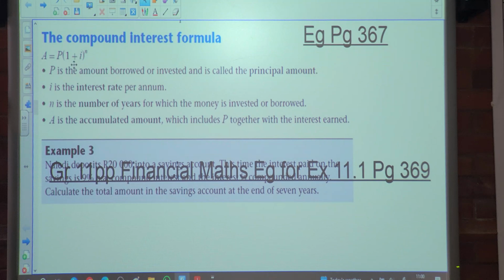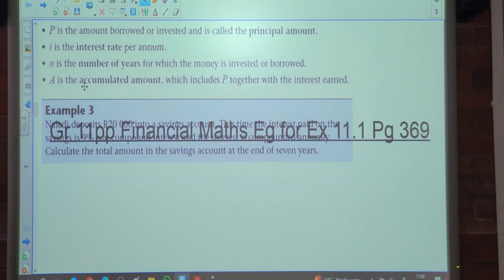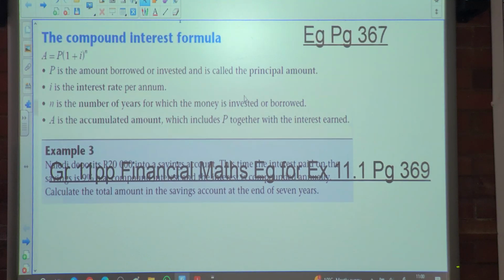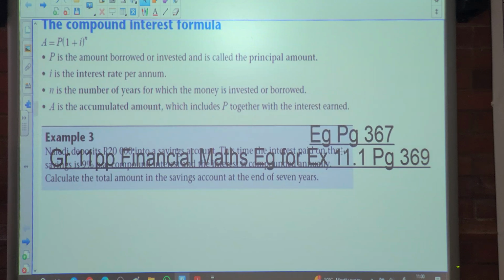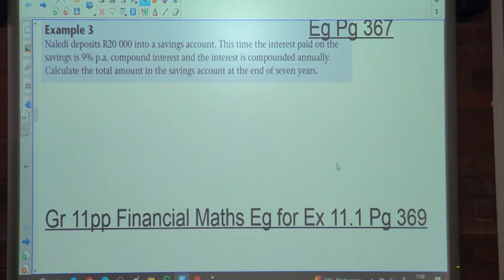Compound interest formula is A is equal to P into 1 plus I to the exponent N. This formula we're dealing with in grade 9 and 10, or mainly grade 10, where P is the amount borrowed or invested and is called the principal amount. I is your interest rate per annum. And then N is the number of years in which the money is invested or borrowed. A is the accumulated amount, which includes the principal together with the interest earned. Okay, so let's go.